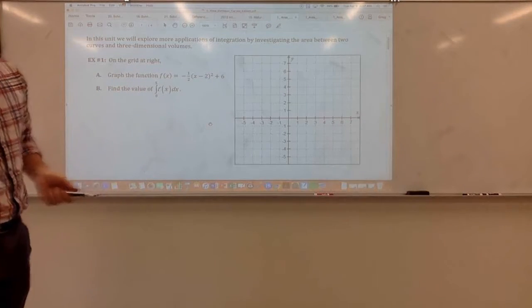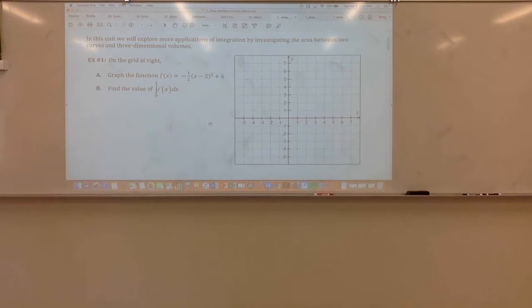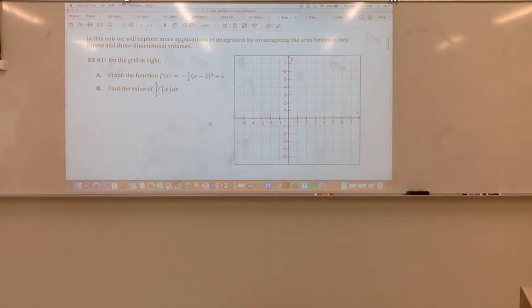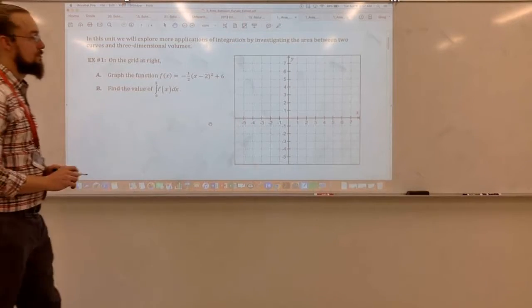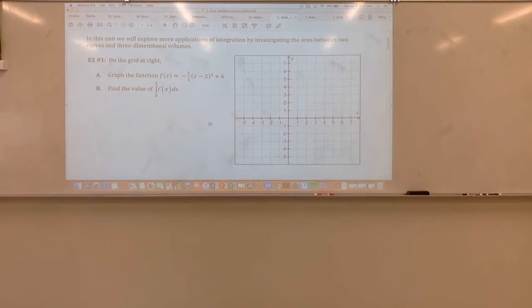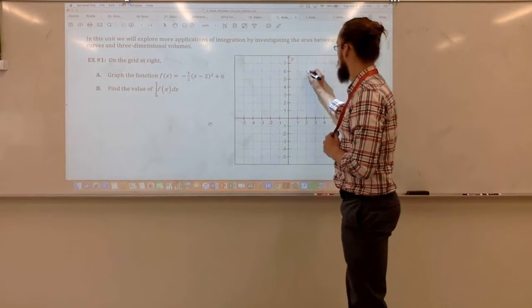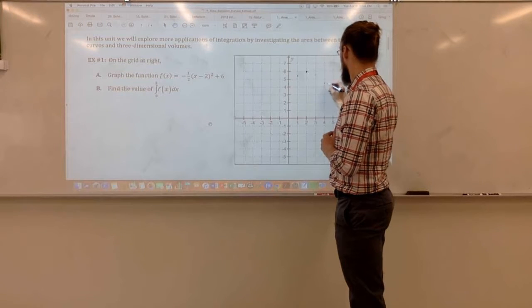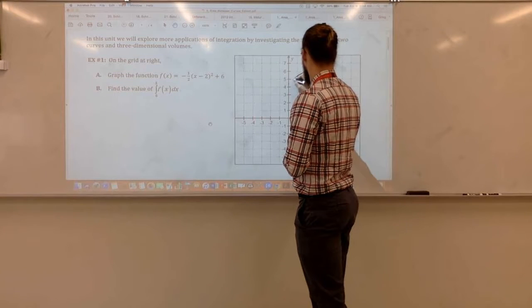You can grab a calculator and graph it on the calculator if you need to. So you can then sketch this picture in your notes. It's a big giant hoop.